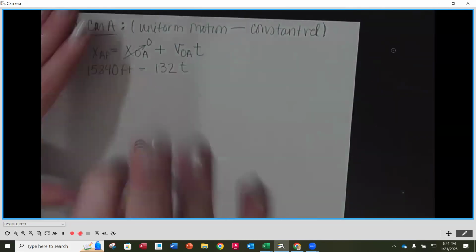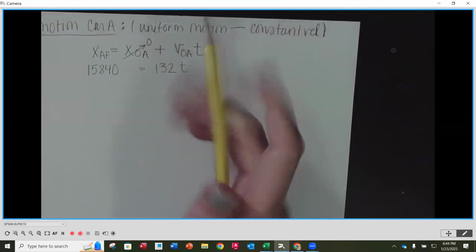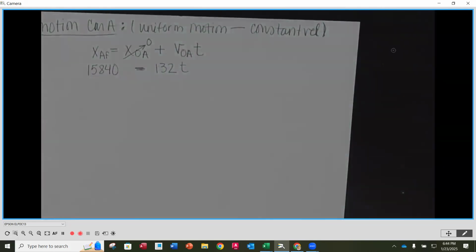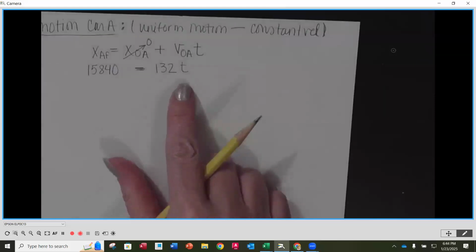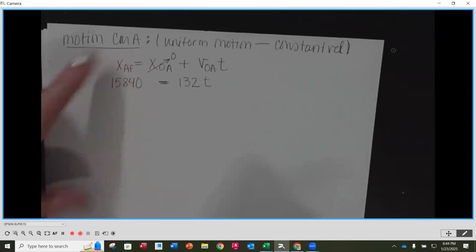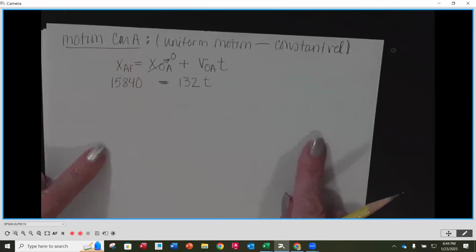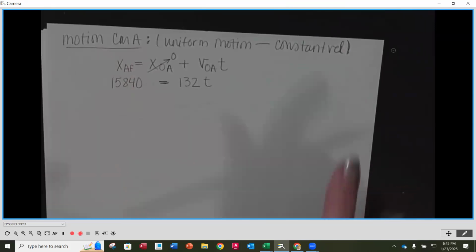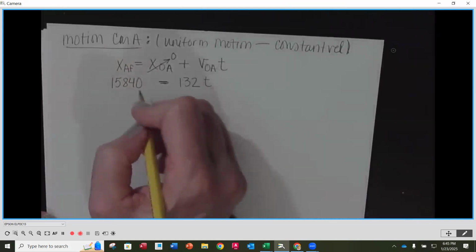So we're just going to leave that. And I have a bad habit. It's really not a bad habit, but I'm going to take my feet off so I'm consistent through here. So it simplifies the math that we're looking at. So you're going to notice here that our only unknown variable is T. So we can find out how long it takes car A to get all the way to that 3 mile mark. Okay, and that's going to be our total time for this encounter. So we're going to solve for T here.